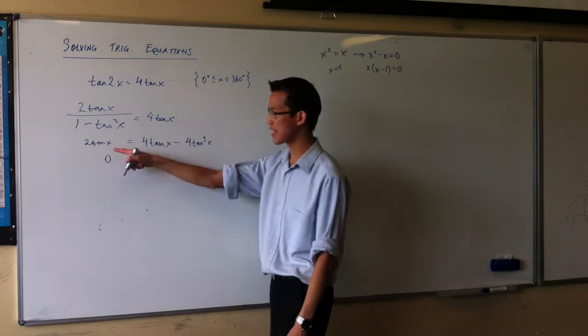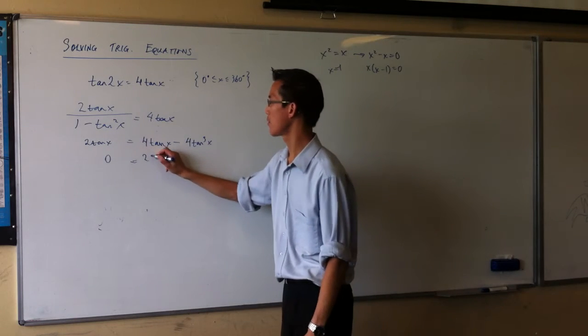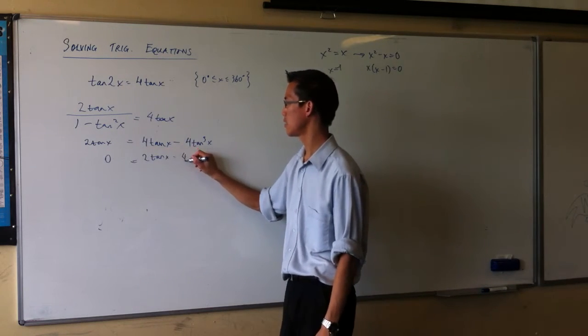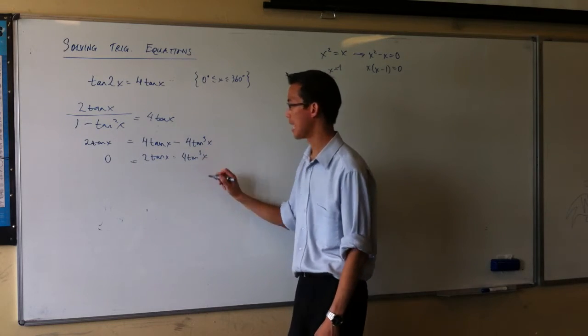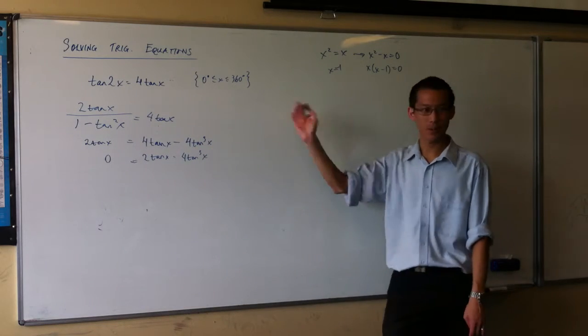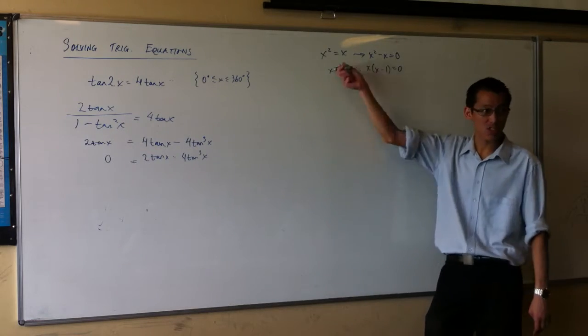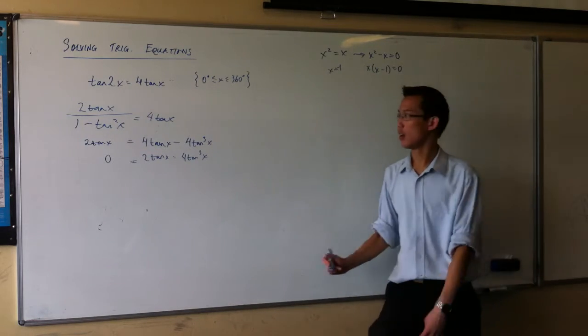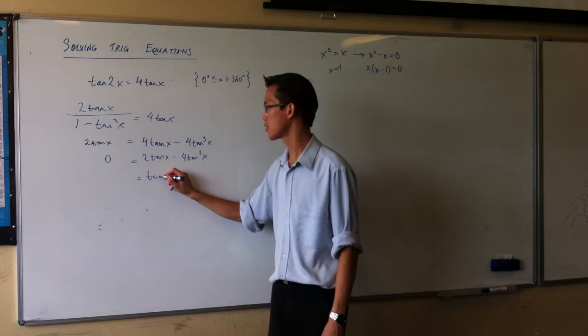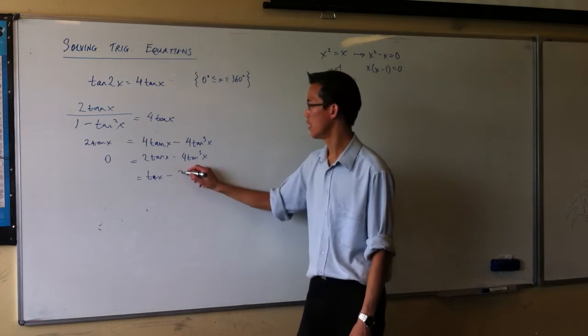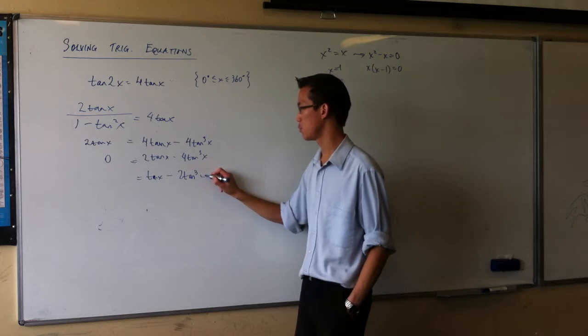So, if I take that 2 tan x over, I've got 2 tan x here, and 4 tan cubed x. Unlike with the tan x, I can actually divide through by 2 because you won't lose any solutions if you divide by just a constant. So here I'll have tan x minus 2 tan cubed x.